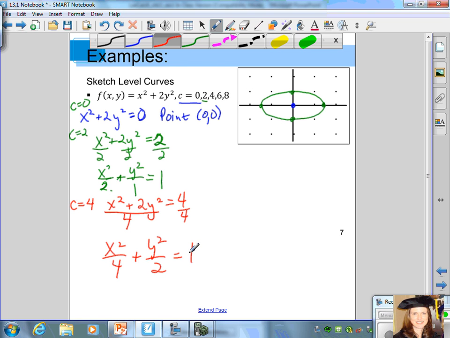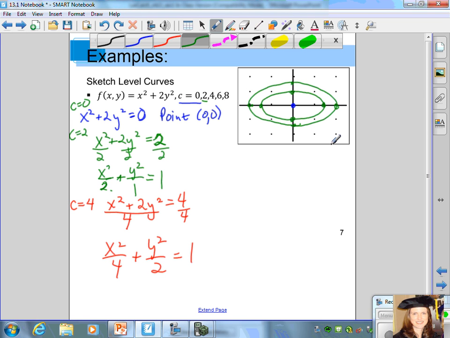This is an ellipse where you are going to go 2 units to the right and square root of 2 units up. So that's up about 1.4, down about 1.4, and connect those points with an ellipse. So as the elevation increases, the ellipses are getting larger.